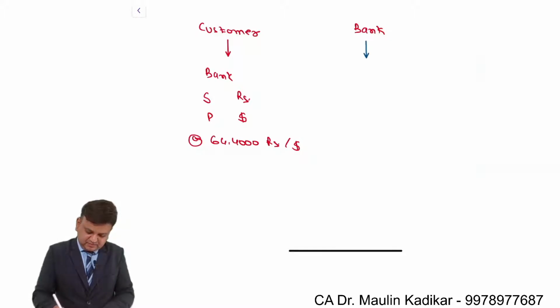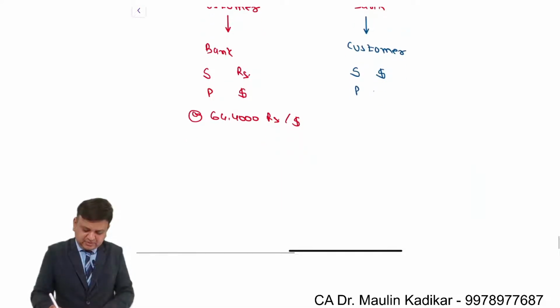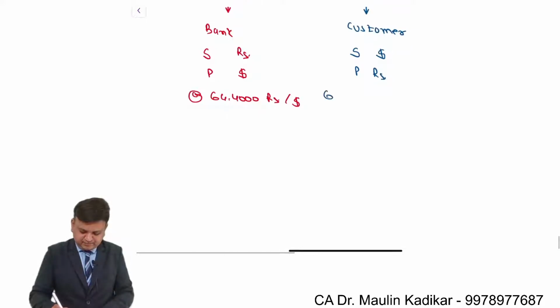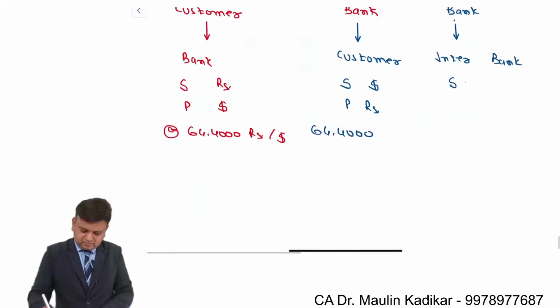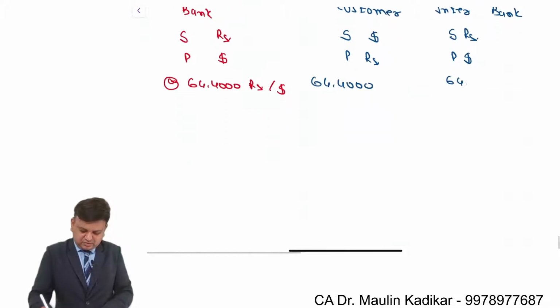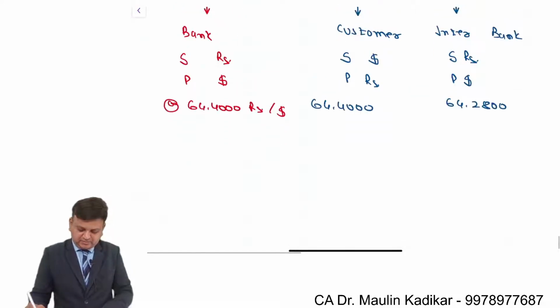Bank with customer: sell of dollar and purchase of rupees at 64.40. Bank with interbank market: sell of rupees and purchase of dollar at 64.28.